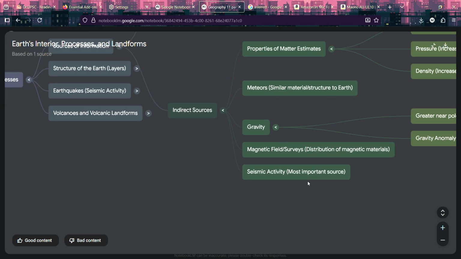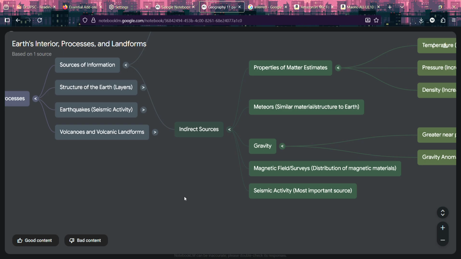Next is the seismic activity. This is the most important indirect source. It tells about which part of the earth is like. Earth has some layers that are constantly engaging with each other.